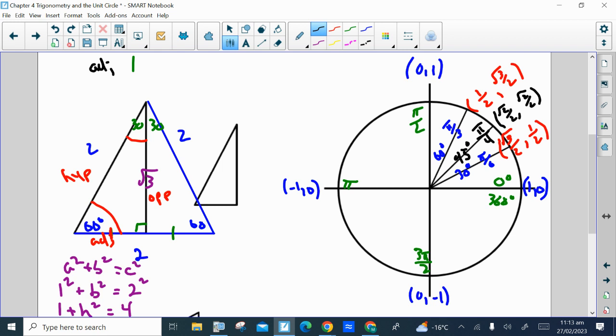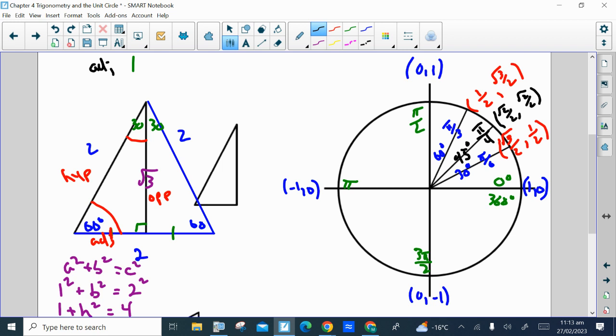Right? You just have to remember that it's cosine first, sine second. So it's this top number, top fingers, is the cosine, root 3 over 2, comma, root 1 over 2. So if you work from the top of your hand down, root 3 over 2 is the first one, root 1 over 2, which is 1 over 2, is the second one. For 45 degrees or pi on 4 radians, that's your middle finger.